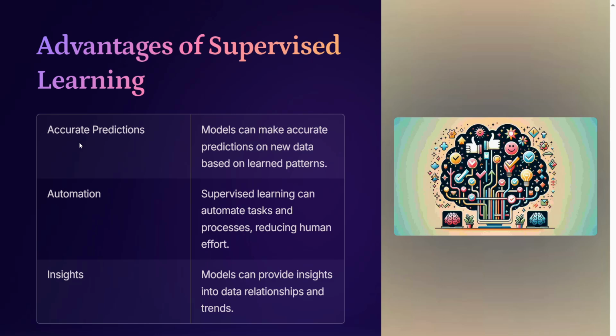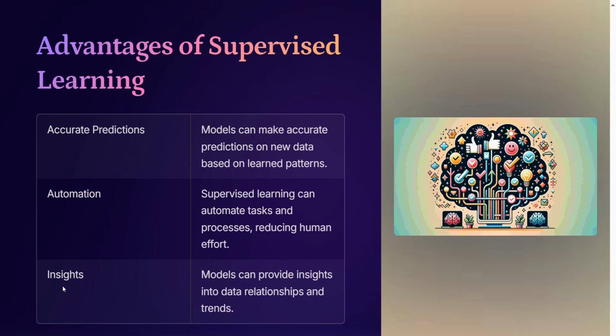Another major advantage is automation. Supervised learning can automate tasks and processes, reducing the need for human effort. Now, this is particularly useful in industries like healthcare, finance, manufacturing, where automated systems can handle large volumes of data efficiently and can also make smart decisions.